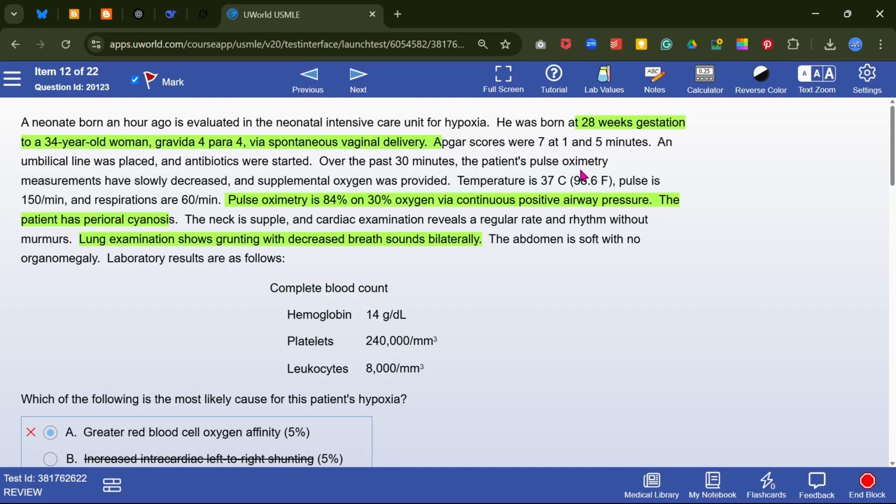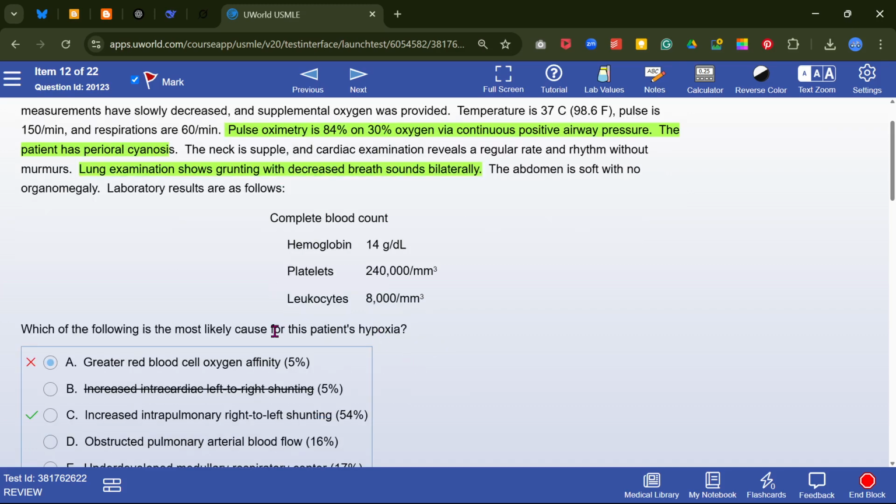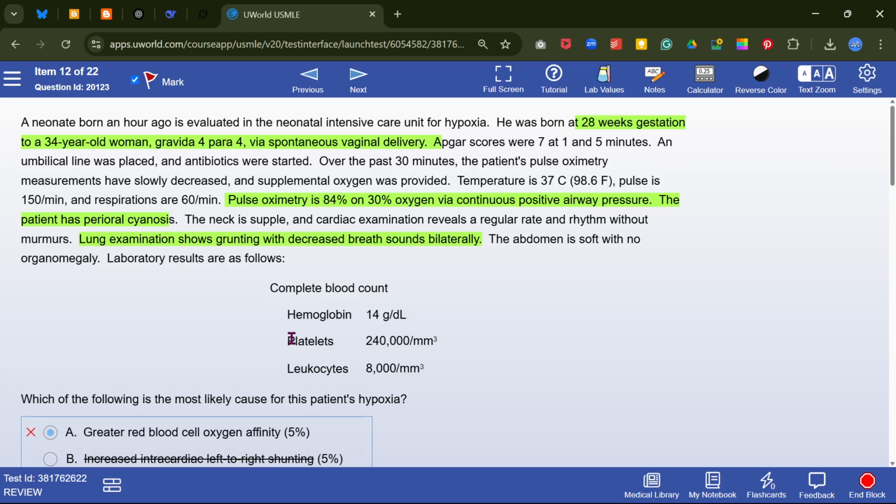Apgar score is low. Pulse oximeter shows 84% saturation on 30% oxygen via continuous positive airway pressure, and the patient has perioral cyanosis. The neck is supple. Lung examination shows grunting and decreased breath sounds bilaterally. The abdomen is soft. Hemoglobin is 14. Platelets normal.